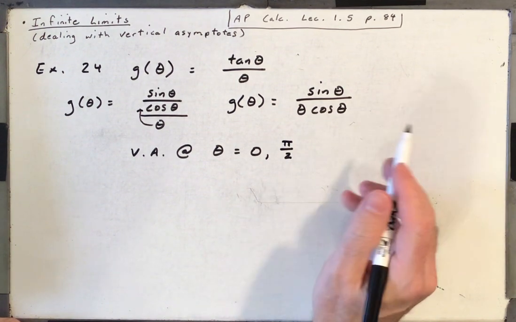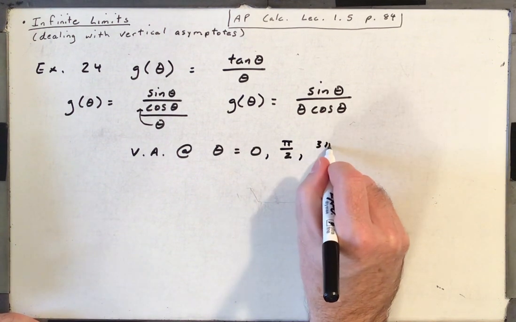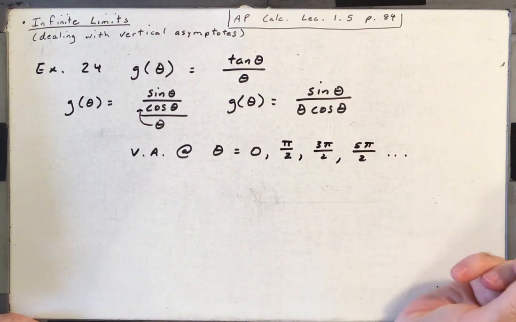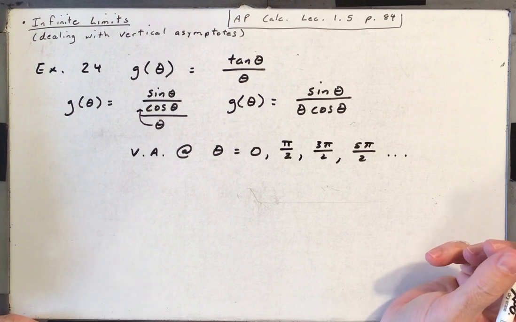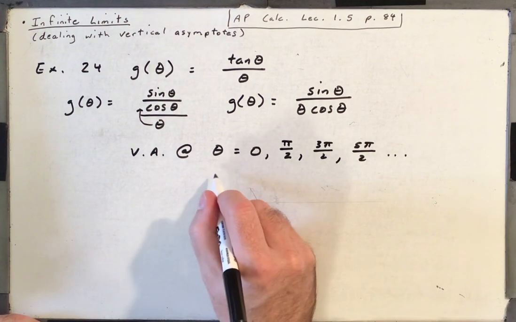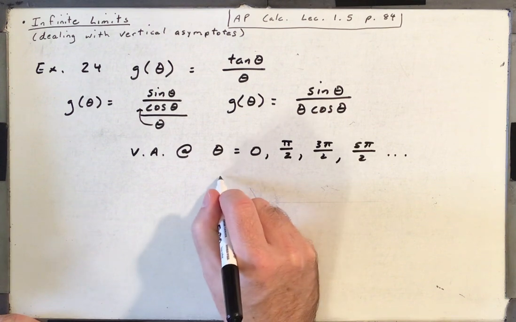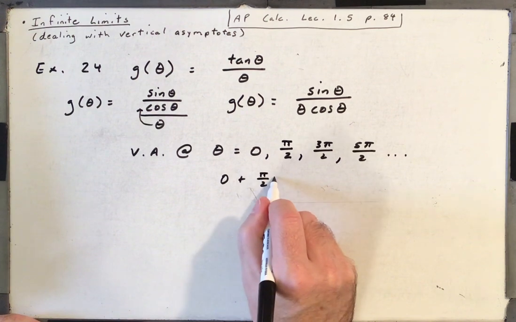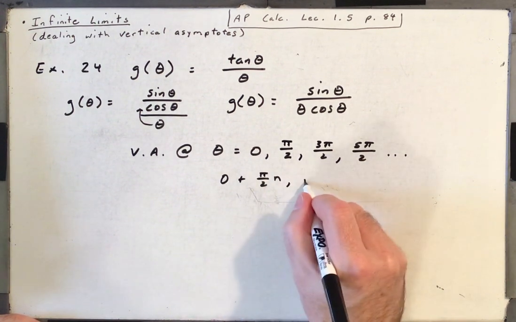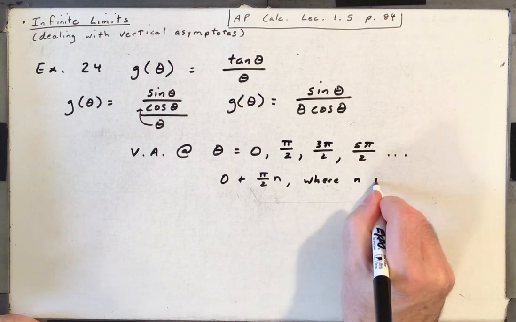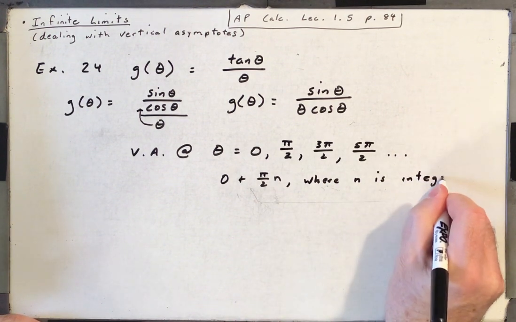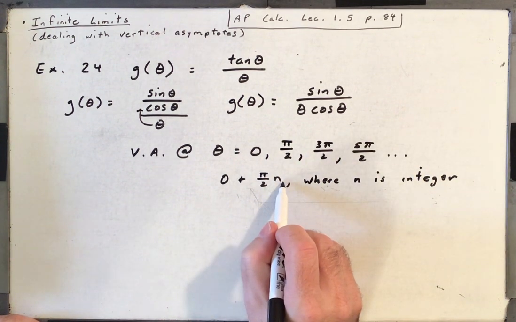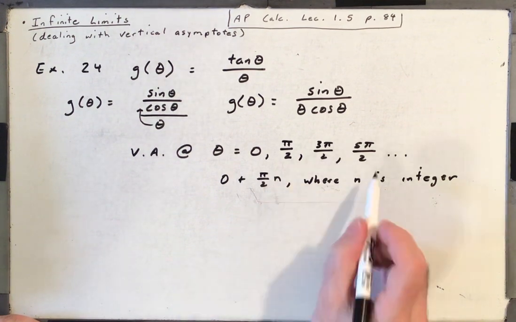So the places where cosine is 0: 3 pi over 2, 5 pi over 2, etc. So we could shorten this by saying 0 plus pi over 2 times n, where n is an integer. Because we're adding 1 to that every time. Okay, so if n is 1, 2, 3, 4, negative 1, negative 2, negative 3, negative 4, then that would do the trick.